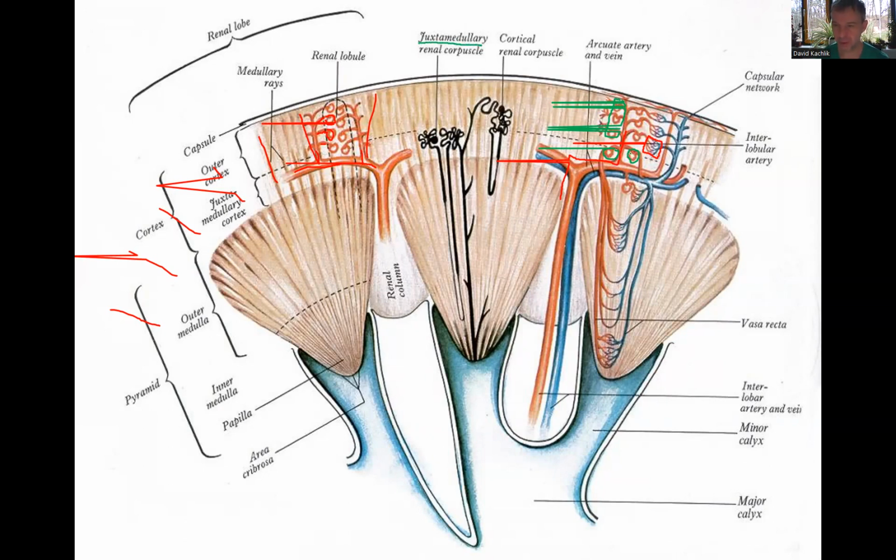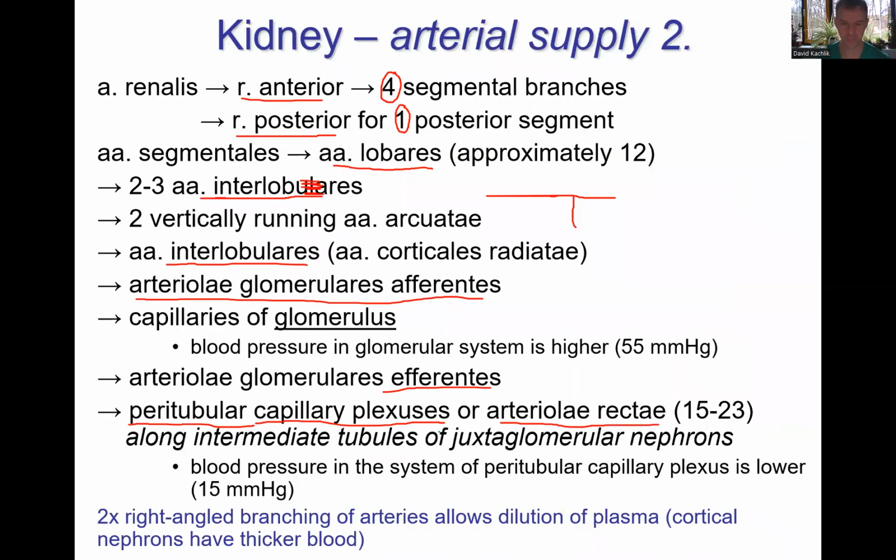What they have, they do not continue as a peritubular capillary plexus, as you can see here, but they continue as the straight arterioles or arteriolae rectae, and they just form a loop and go back as venulae rectae up. So we have two kinds of capillary network.